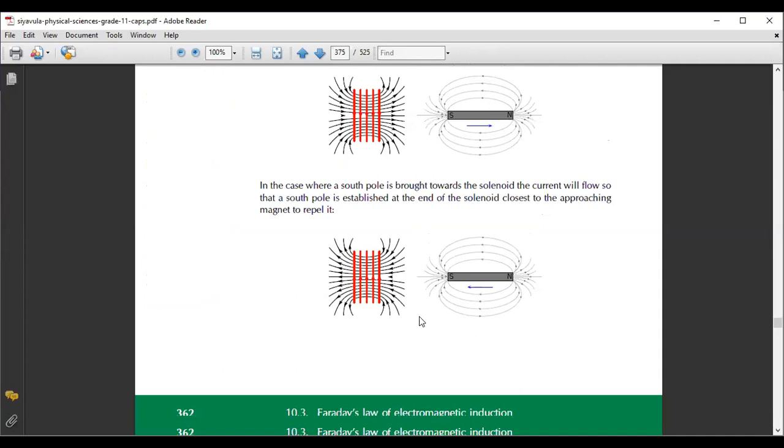Okay, so in the case where the south pole is brought towards the solenoid, the current will flow so that the south pole is established at the end of the solenoid closest to the approaching magnet to repel it. Okay, so these ones are repelling.